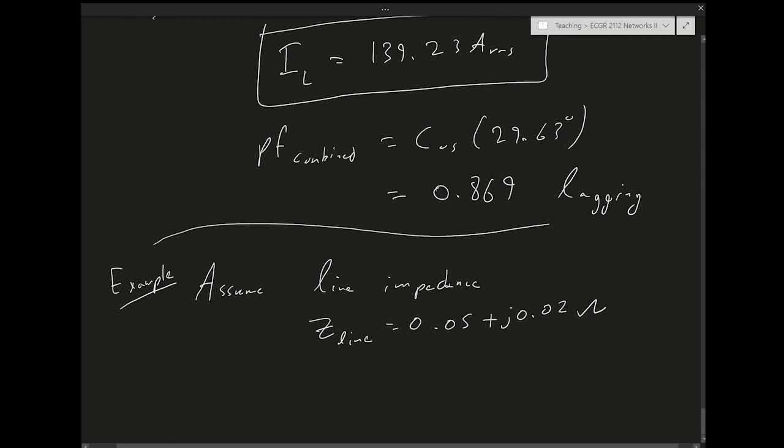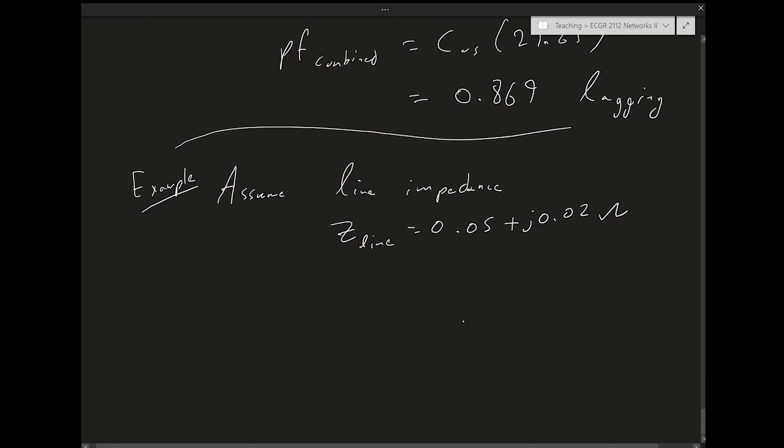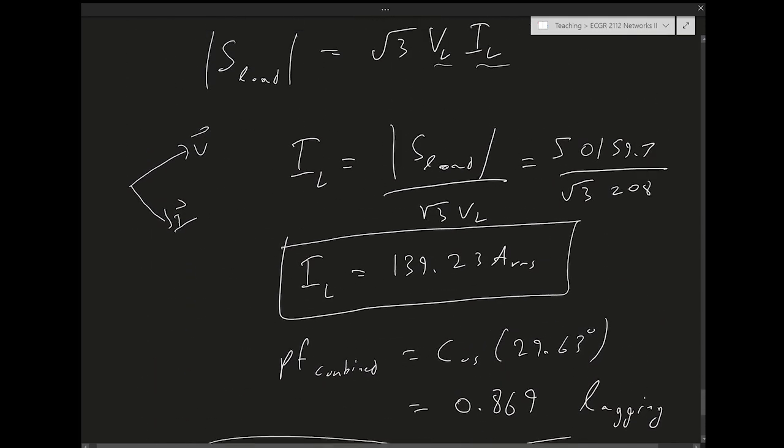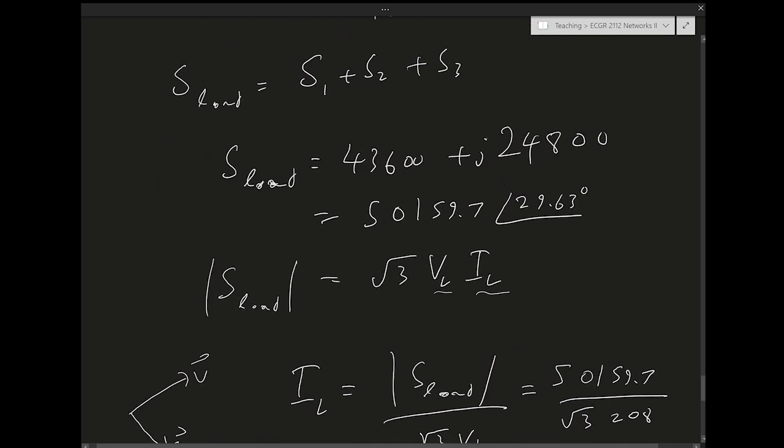Right, so what's happening here is that we have our three-phase load, and we calculated in the previous example what the line voltage is at that load, what the power factor is, and we calculated the line current. Right, this is what we did.